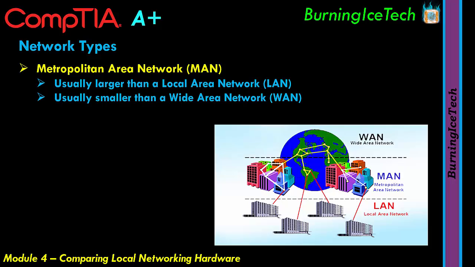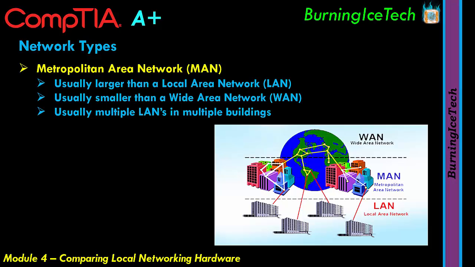So it usually consists of multiple LANs in multiple buildings. If you have a network in one building, that will be referred to as a LAN usually. But if you've got multiple buildings, each with their own LAN network, and you would like to link these multiple buildings together, that is usually in most cases referred to as a MAN.